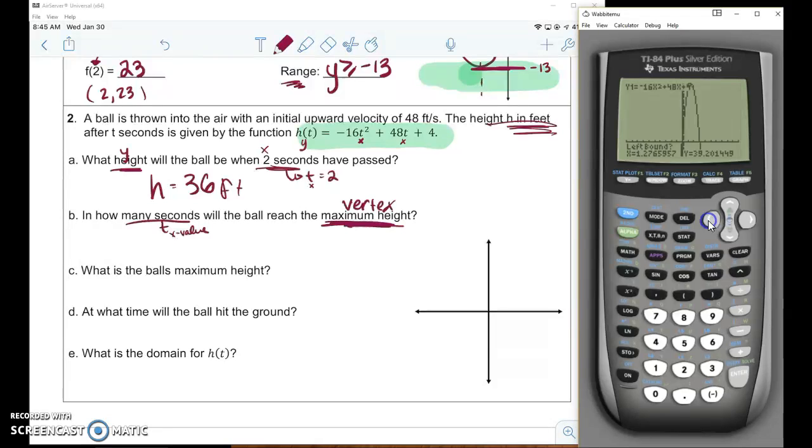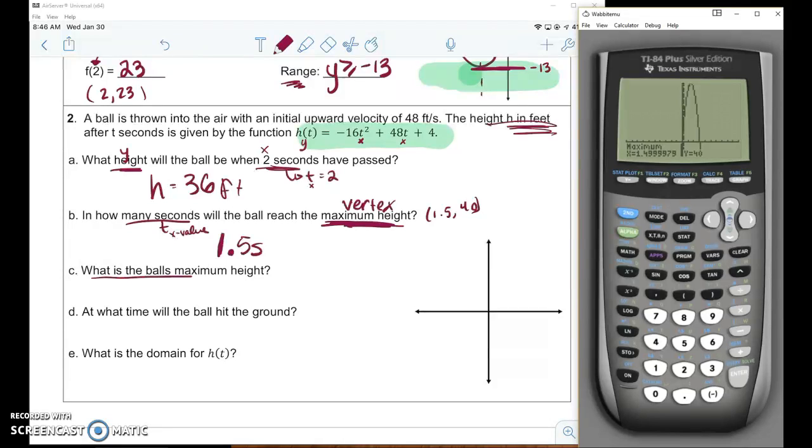I'm going to go 3 to the left, 1, 2, 3, enter, back to the vertex, and 3 to the right, 1, 2, 3, enter. I get that my vertex is 1.499, and I'm going to call that 1.5. So we would say after 1.5 seconds, the ball is at its maximum height.